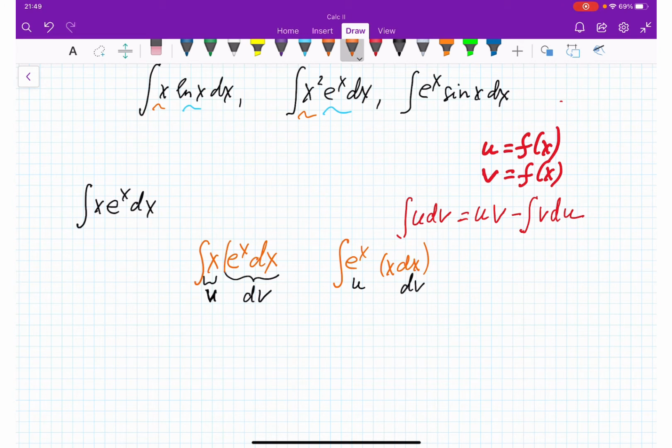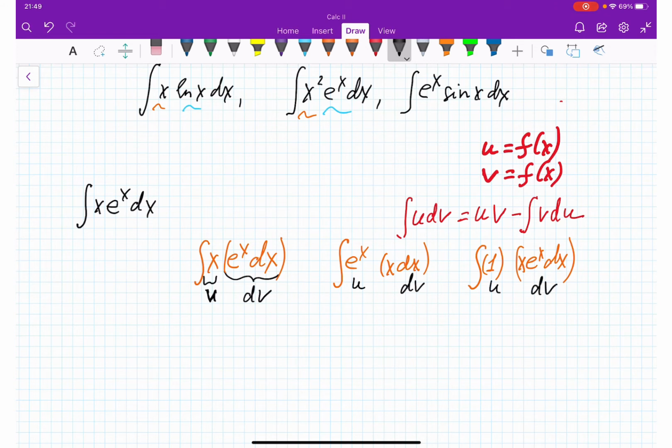The third version of the combination: I put 1 and then x e to the power x dx, so 1 will be my u, and this whole parenthesis is going to be my dv.